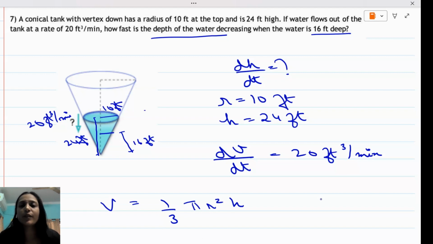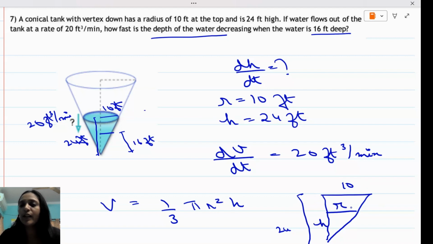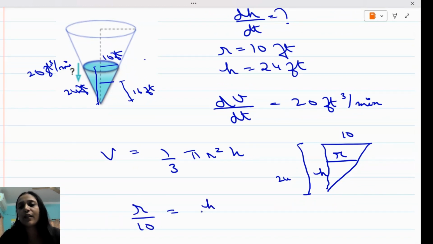So the most common relationship in such problems is if I make a triangle over here, if 24 feet is my initial height and 10 feet is my radius, then if my new radius is r and new height is h, then the relationship, since they're similar triangles, would be r over 10 can be written as h over 24 because the sides of the triangle would be proportional to each other.